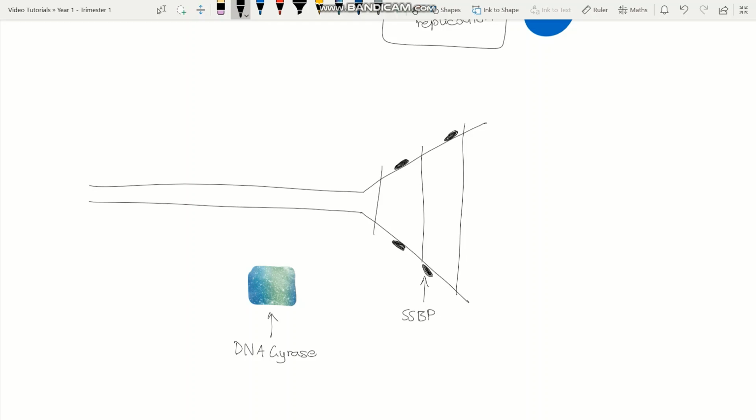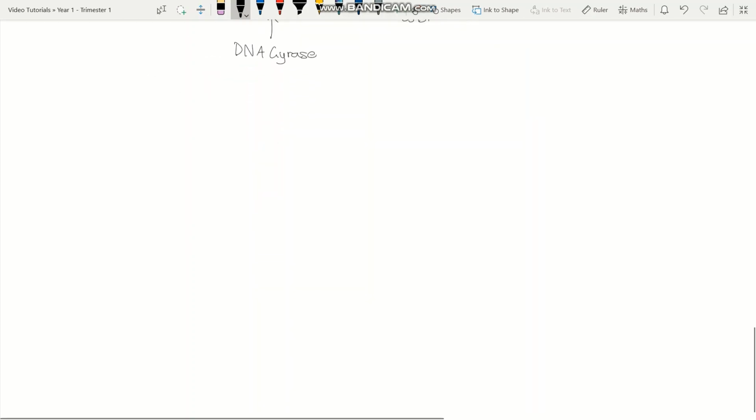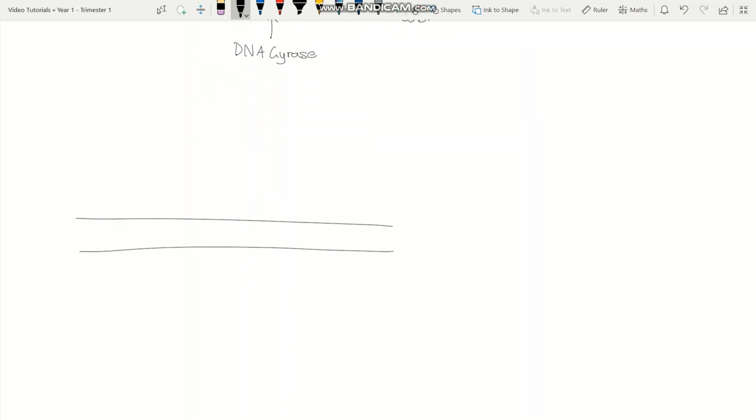So, now the DNA strands have been separated from one another. There are special names for the different parts of the DNA strand that actually exist. Firstly, this section, which is essentially where the two prongs of the DNA separate, is called the origin of replication, but the structure as a whole is called the replication fork.